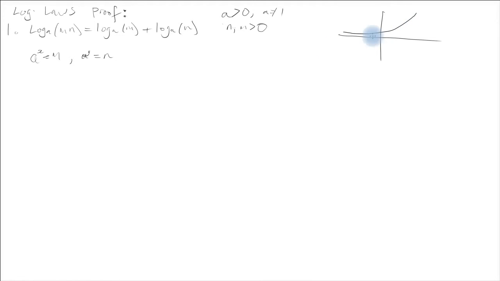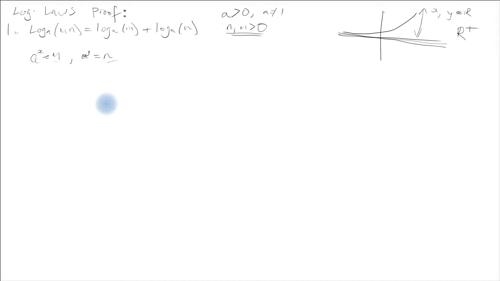So x and y here can be anything, just real numbers. But our answers m and n are only going to be in the positive region. So that's why n and m are greater than 0.